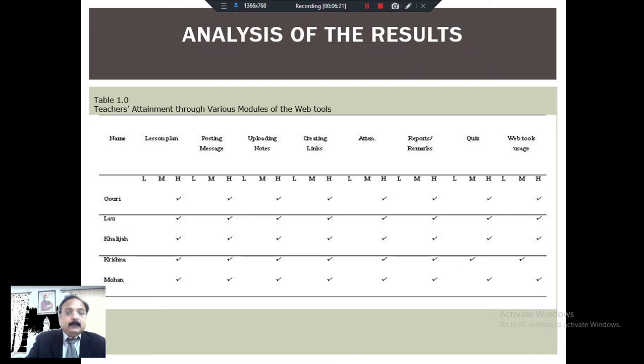Then, based on that, you have the case order effect matrix classified according to these activities as low, medium and high, wherein you can see the lesson plan, posting messages, uploading notes, creating links, taking attendance, reports, quizzes, web tool usage. Everything has been analyzed.